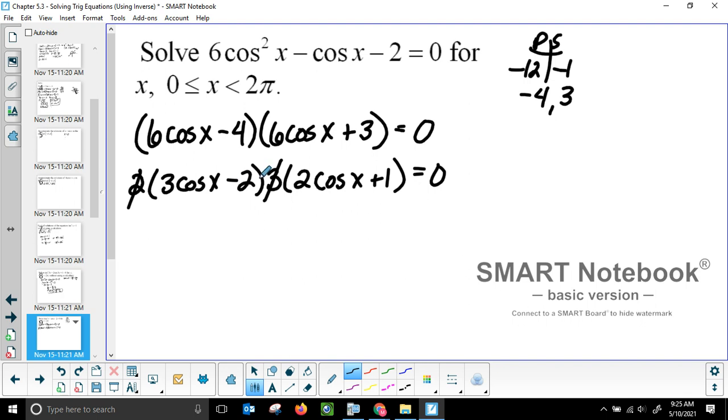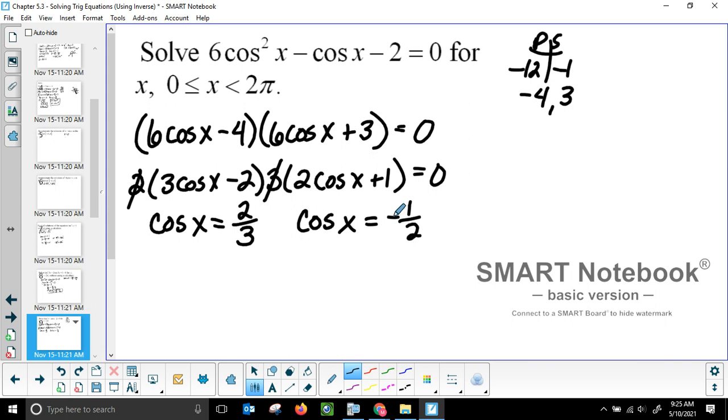Here I'm going to add 2, divide by 3, so cosine of x is equal to 2/3. Here I'm going to subtract 1, divide by 2, so cosine of x is equal to negative 1/2. This one we can just do using our unit circle.